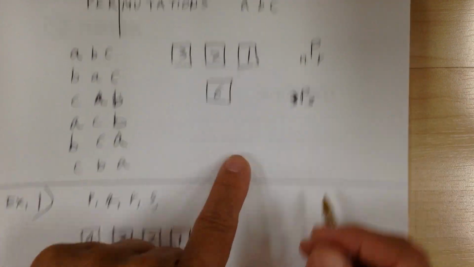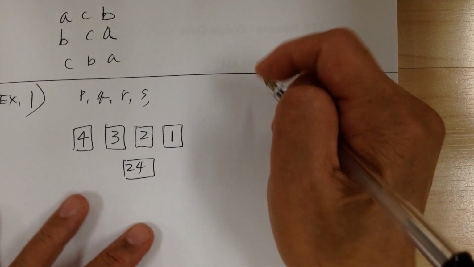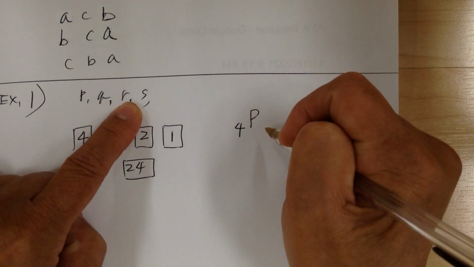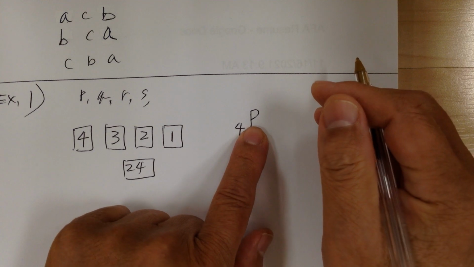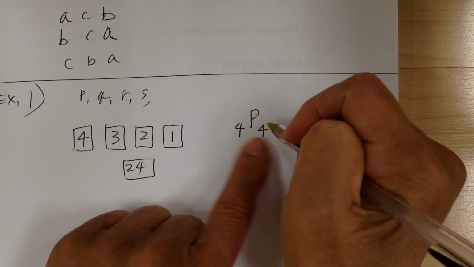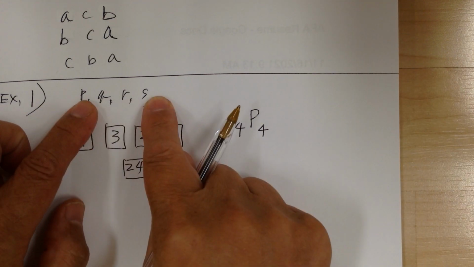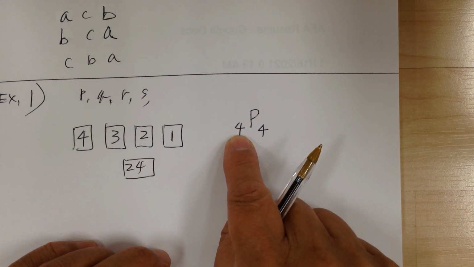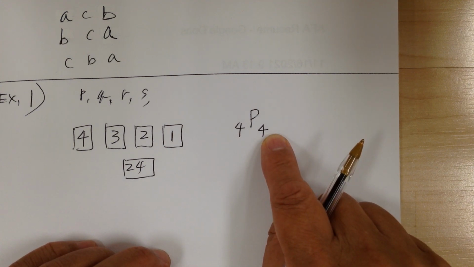Now, when you use the formula nPr, there are a total of 4 items, and you're going to arrange them, which means permutation. So you're doing the permutation of 4 items out of a total of 4. N is how many total you have, and r is how many you're going to use.